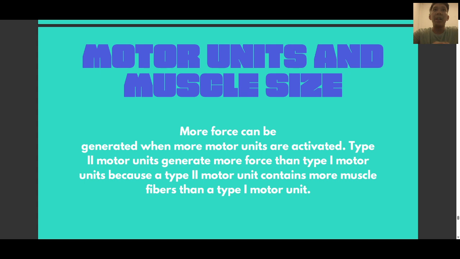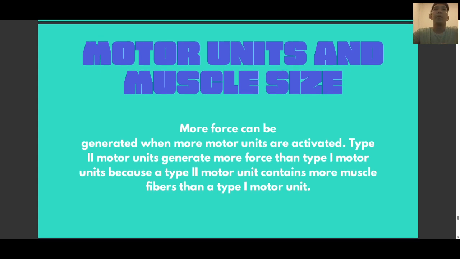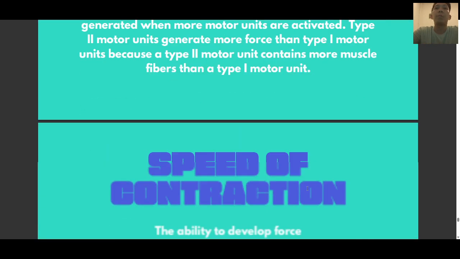So always remember that when we talk about motor units. Meaning to say, if we want to generate more force, we need to activate more motor units, so our muscle is given more force. And type 2 motor units generate more force than type 1 motor units because they contain more muscle fibers.